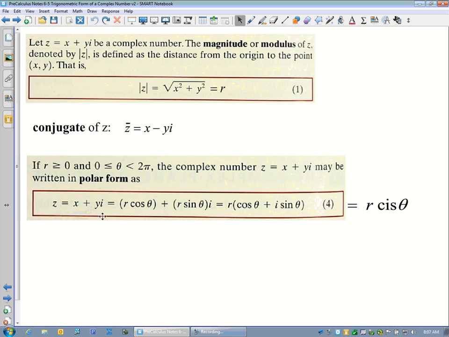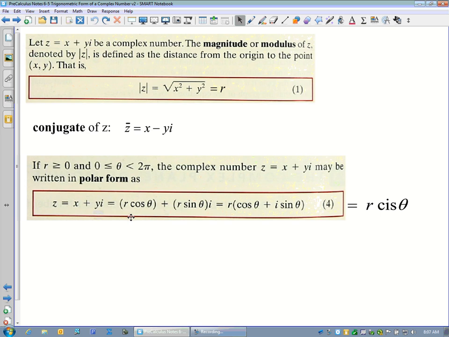We saw the triangle where the r was the hypotenuse, and x and y were the legs of a right triangle. So if we remember from trigonometry that x, with respect to theta, is the adjacent side, you can find it by multiplying the hypotenuse, which is r, times the cosine of the angle. So that would be x.